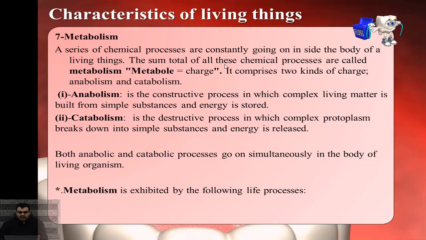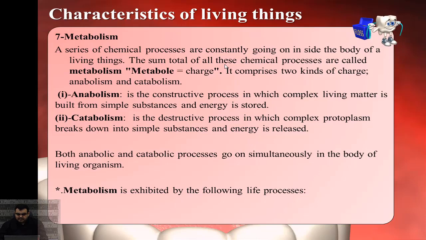7, metabolism. A series of chemical processes are constantly going on inside the body of a living thing. The sum total of all these chemical processes is called metabolism. Metabol means change. It comprises two kinds of change, anabolism and catabolism. Anabolism is the constructive process in which complex living matter is built from simple substances and energy is stored.